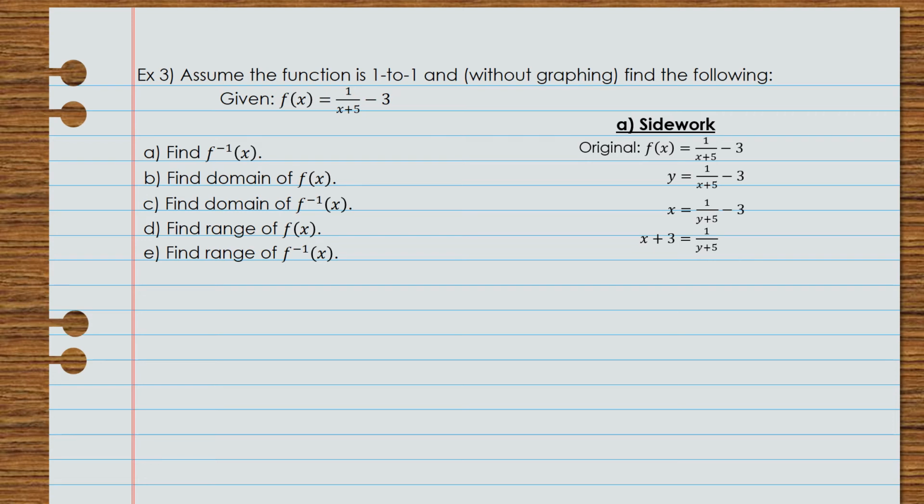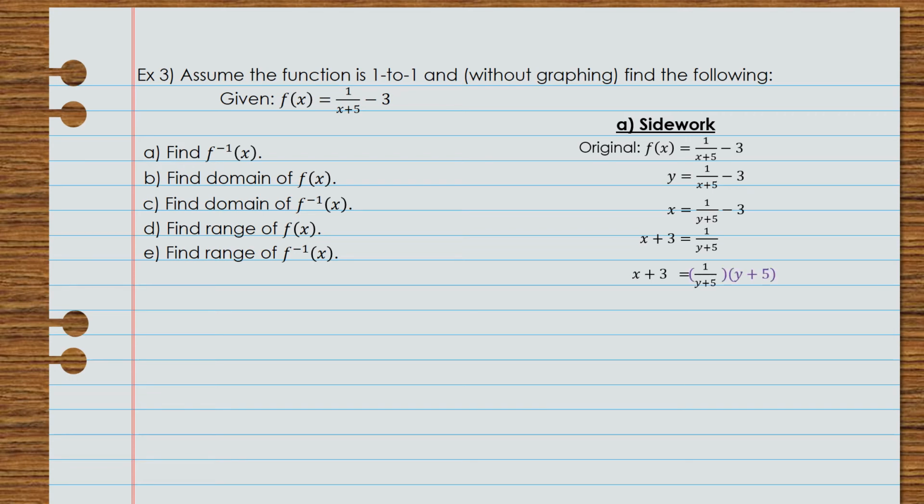So we have x plus 3 equals 1 all over y plus 5. Now notice we're trying to get y by itself, but y is in the denominator of a fraction. Well, recall, you can get rid of fractions by multiplying the left side and the right side by the denominator. And in this case, our denominator happens to be y plus 5.